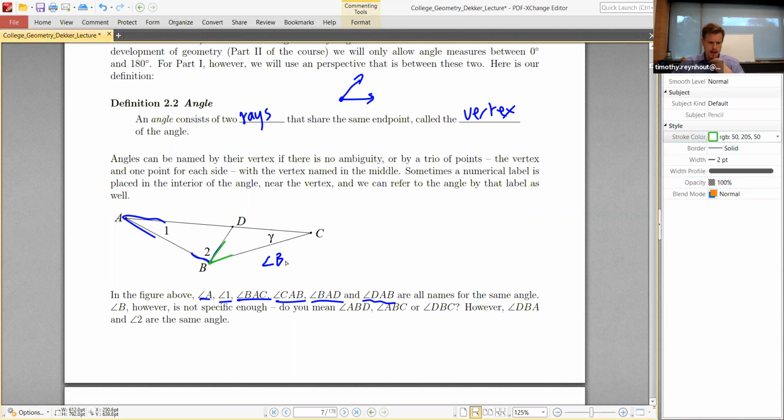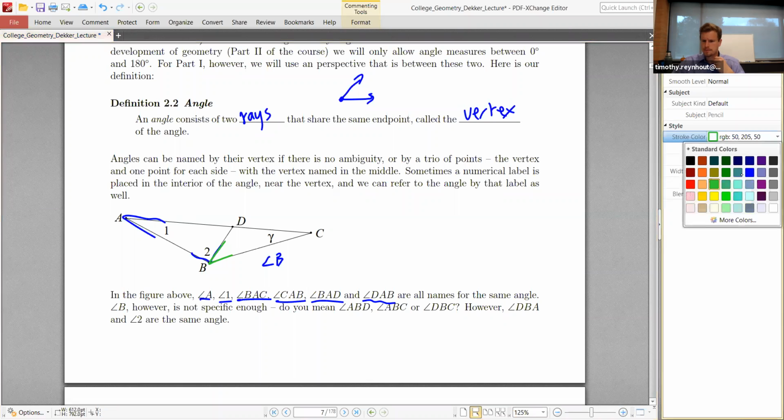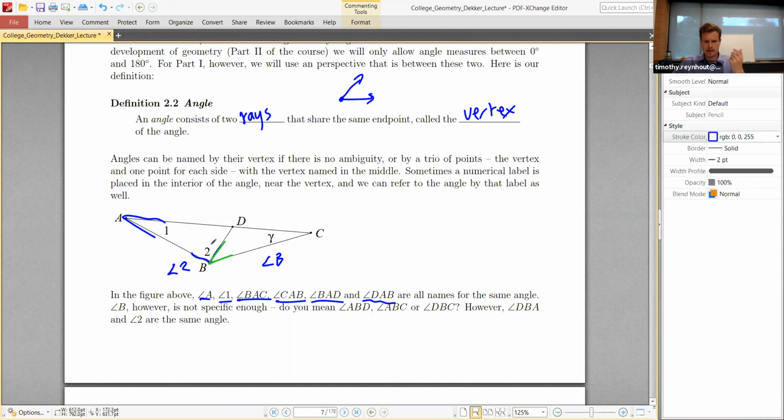So when I say angle B, which one of these two angles am I referring to? Well, if I want to refer to the blue angle, then I could refer to that as angle 2, and that would actually make sense. Or I could refer to it as angle ABD, and that would also make sense. Okay, so we want to be clear. There are lots of ways that we can refer to an angle, and all of them are appropriate as long as it's not ambiguous.